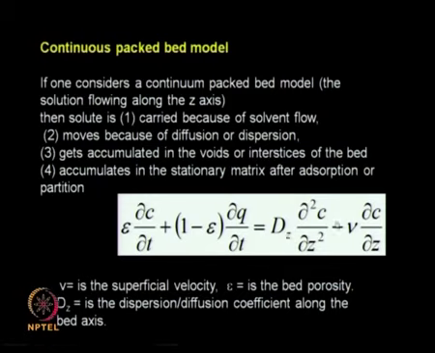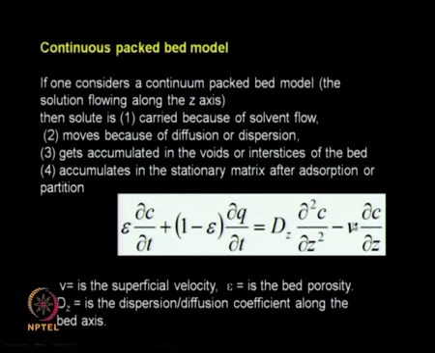Now this term, D d square c by dz square, arises because of diffusion or dispersion of the solute along the axis. This term V into dc by dz arises because of the movement of the solvent.